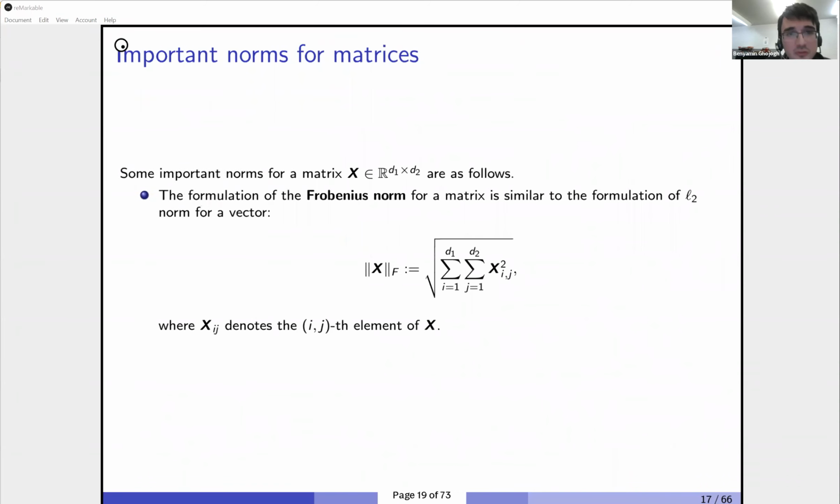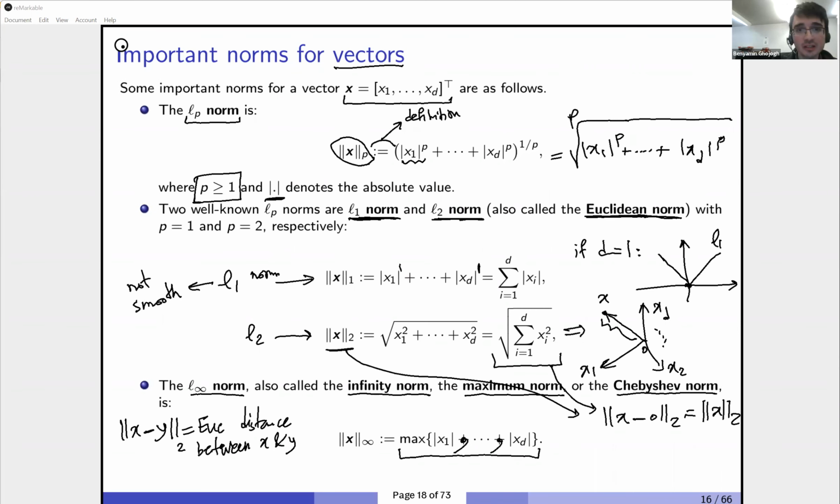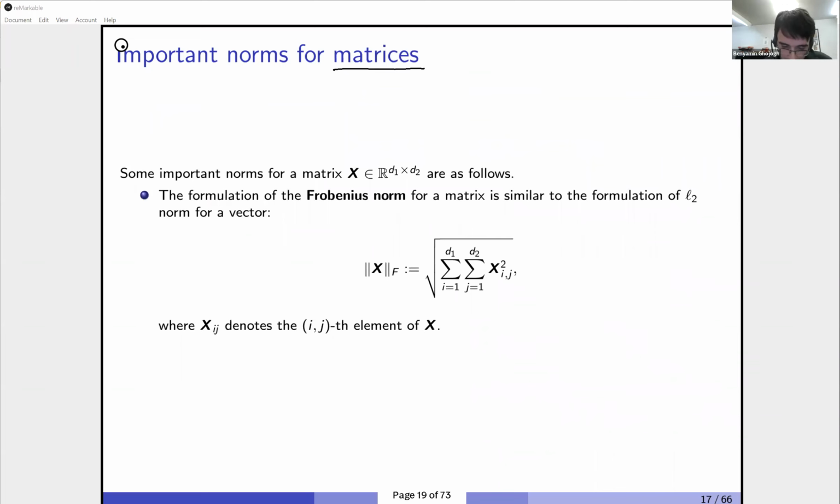Some important norms for matrices. In the previous slide, we saw norms for vectors. Now we see them for matrices. Consider a matrix X in this space. In the previous session, I said this means a matrix with D1 rows and D2 columns. Does anyone know why we can show this matrix with this notation in mathematics?